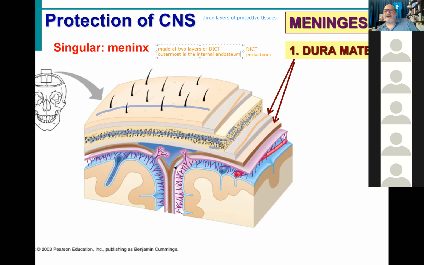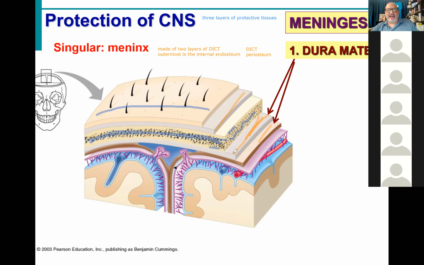By having these 2 thick layers, it provides a tremendously thick, hardy layer on the outer surface. If you want to do brain surgery on someone, you have to cut this leathery structure with some scissors or a scalpel, and it is robust enough where after your surgery, you can actually sew it back together, closing it up.